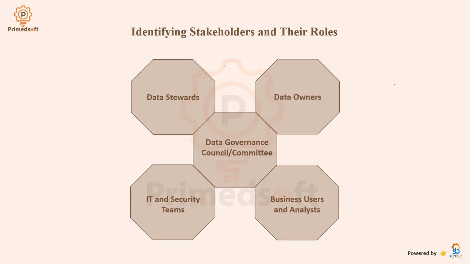The next role we have is the IT and security team. This team implements and maintains technical aspects of data governance policies, and they ensure data security measures are in place. That's what the IT and security team does. And the business users and analysts are responsible for utilizing data according to governance policies and contributing to data quality improvements.